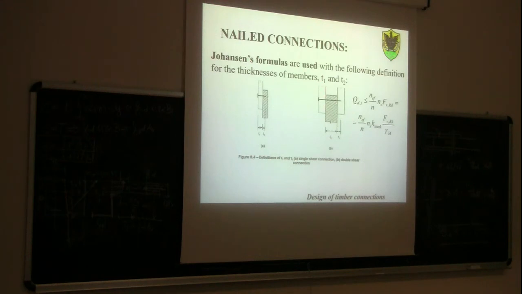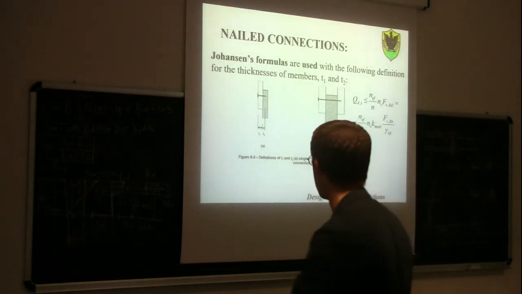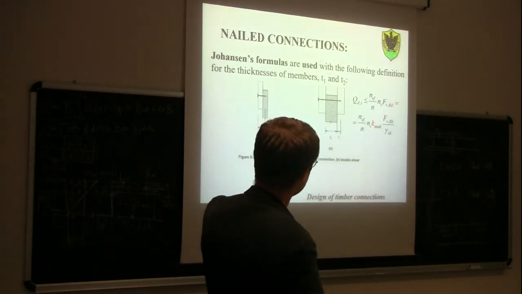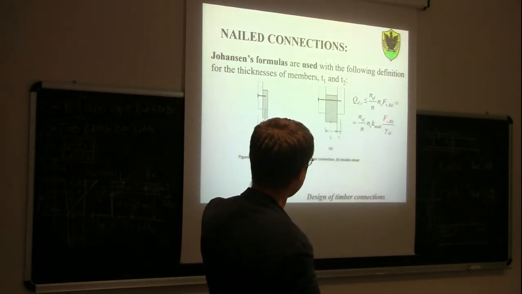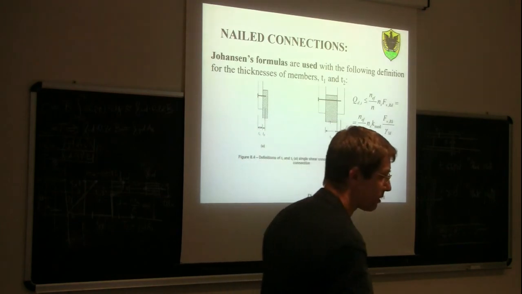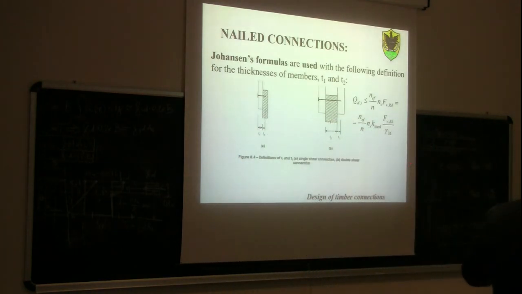So here we need to multiply by n_s, n_s 2 here, 1 here, times F_v,Rd. F_v,Rd is the design shear strength of a single nail, which is k_mod times F_v,Rk divided by gamma. Where F_v,Rk is the characteristic shear resistance of a double shear fastener calculated with the Johansen equation, the one that we saw before, the Eurocode 5.